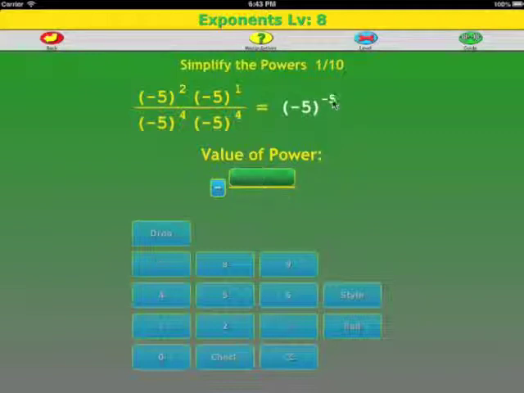The power is negative. That means it goes to the denominator. We have nothing for the numerator, so that's 1. 5 to the power of 5.